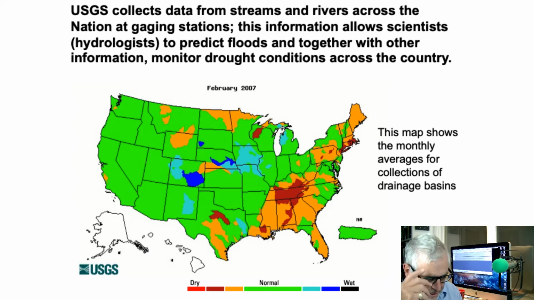That was February of 2007, the date on this map. I'm guessing there was probably a lot of snowmelt in February, so that made those drainage basins higher than normal. Their flow rates would be a little bit higher than normal.